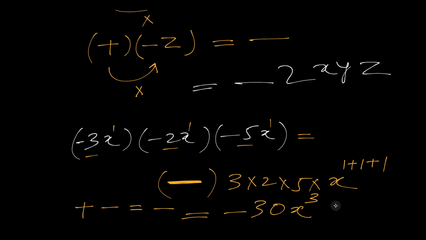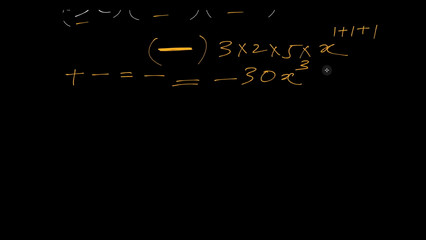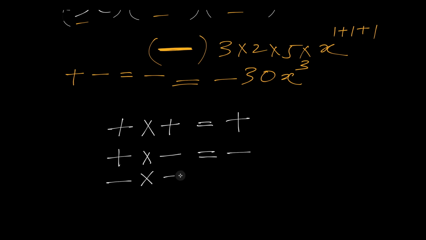I hope you got a clear understanding of multiplication of numbers and the significance of the sign. What was that? Plus multiplied with plus, the result will be plus. If plus multiplied with a negative number, then always it is going to be negative. Even if we say minus multiplied with plus, always I'm going to get minus.